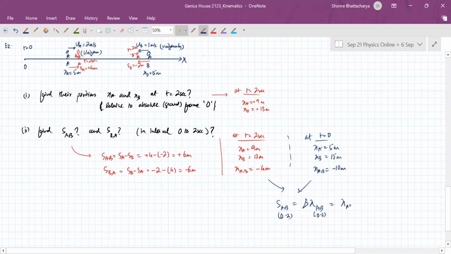So that is position of A with respect to B at 2 seconds minus position of A with respect to B at t equal to 0. This is the displacement of A with respect to B. By this kind of method.